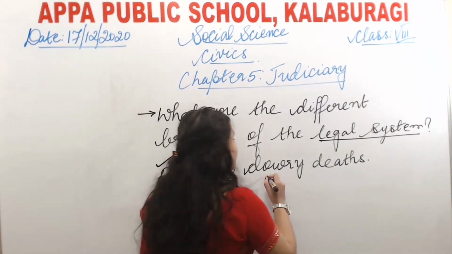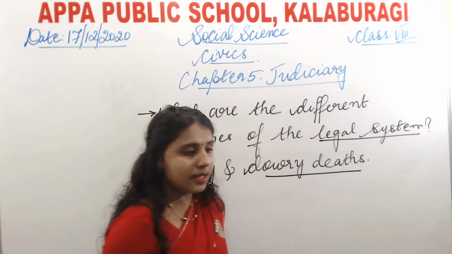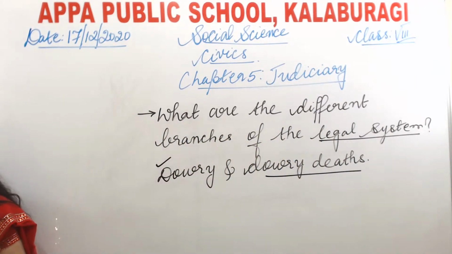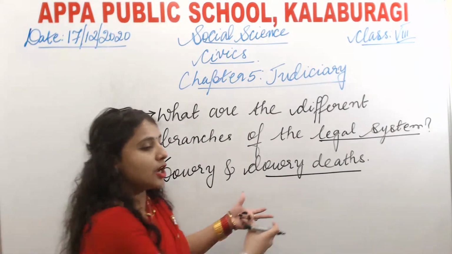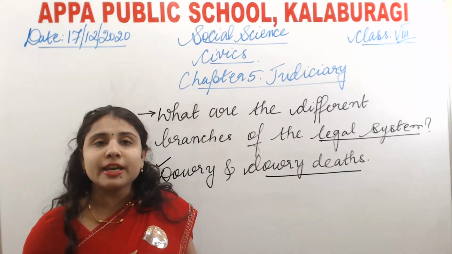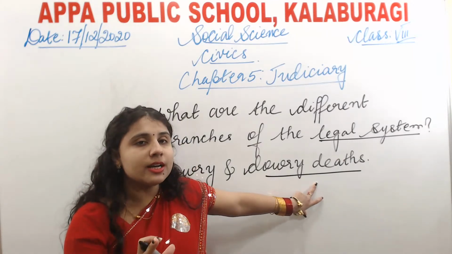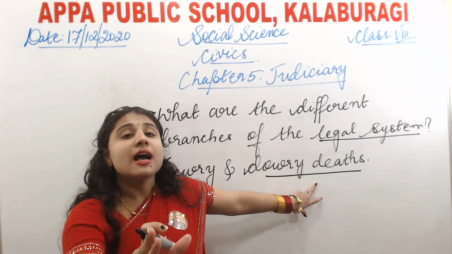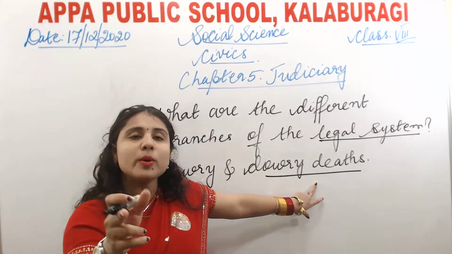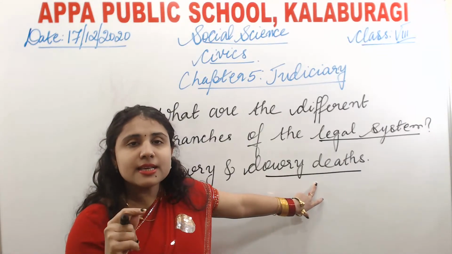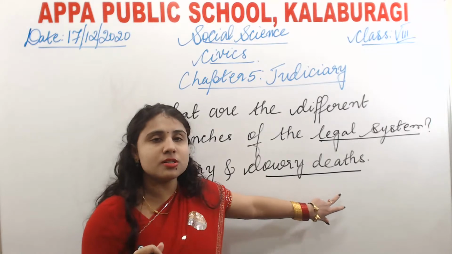What is dowry debt? See now, dowry debts are debts of married women. They are murdered or they are harassed in such a manner that they commit suicide. Now who harasses and tortures them?